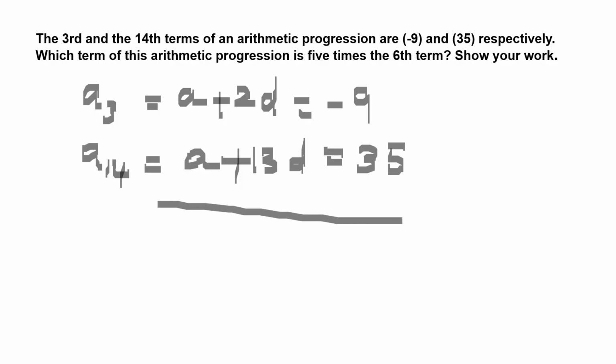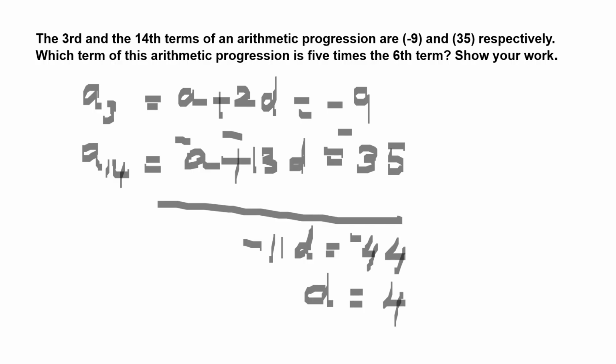Now using elimination method we can find out the value of a and d. So when you subtract, a will get cancelled. 2d minus 13d is minus 11d, minus 9 minus 35, which will give you minus 44. So d, the common difference, will be equal to 4.